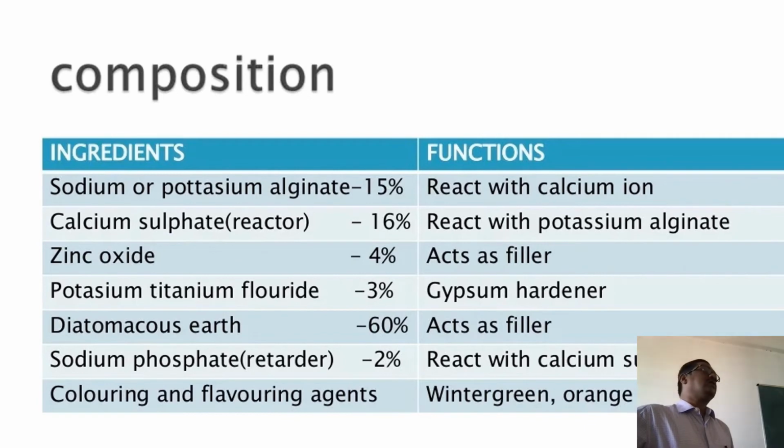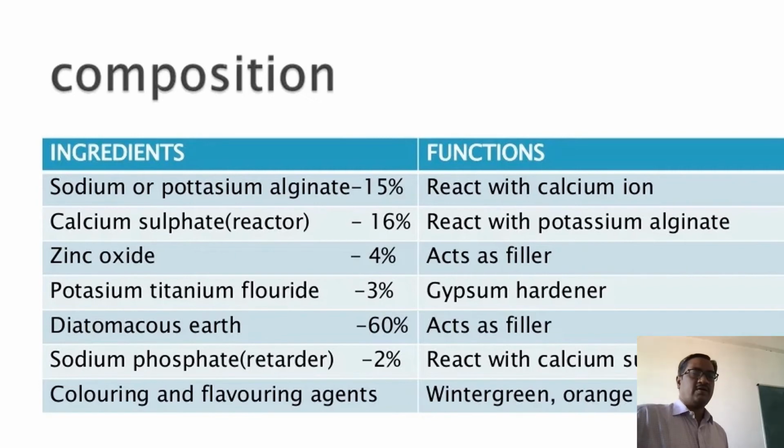It will increase the working time. So it is a retarder. It will react with the calcium sulfate so that it won't allow calcium ion to react with sodium or potassium alginate. So that we'll get an ideal working time for the alginate.